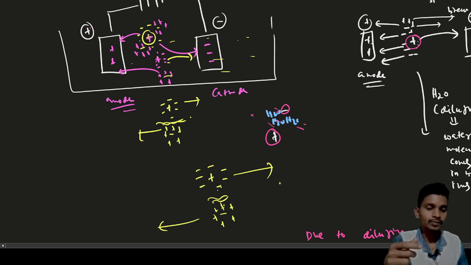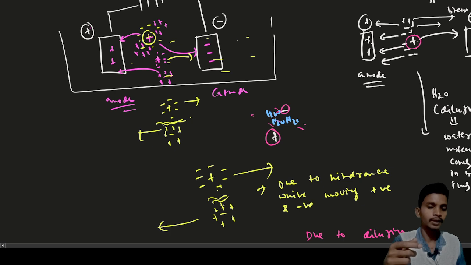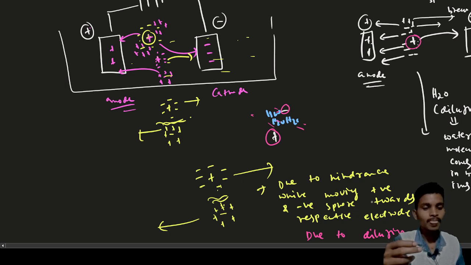Okay, due to hindrance while moving, the positive sphere and negative sphere towards respective electrodes. The positive sphere means positive charge surrounded by negative ions, and the negative sphere means negative charge surrounded by positive ions.